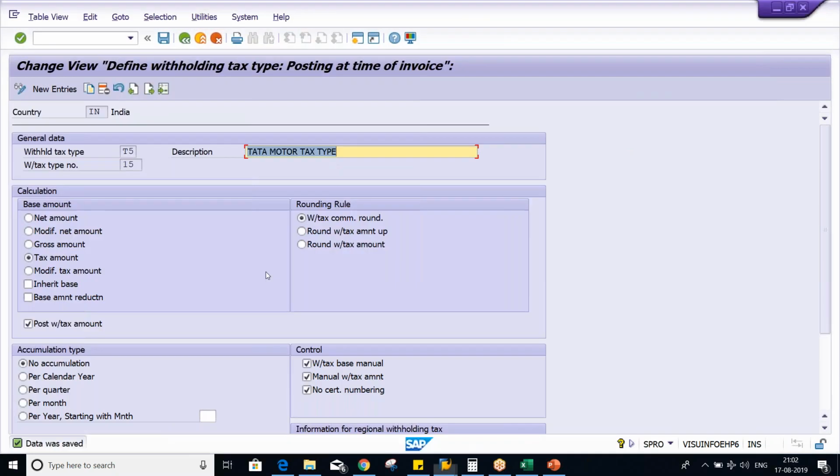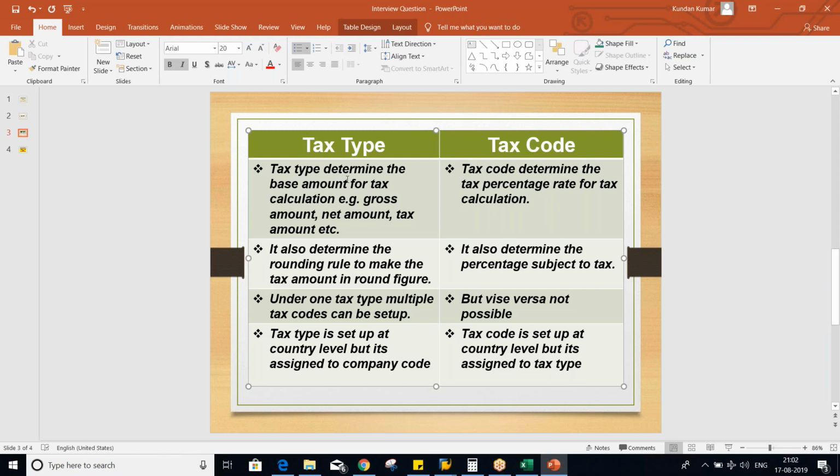What I have said here in the PPT, I said the tax type determines the base amount for tax calculation. That is, the base amount could be anything, guys, either gross amount, net amount, tax amount, etc. Whereas the tax code determines the percentage rate for the tax calculation.